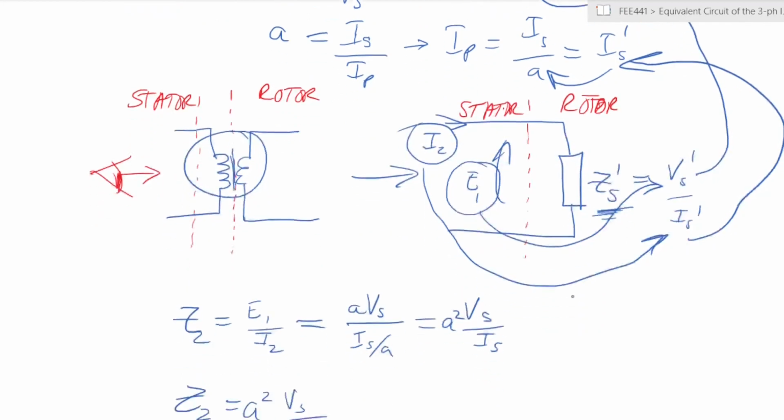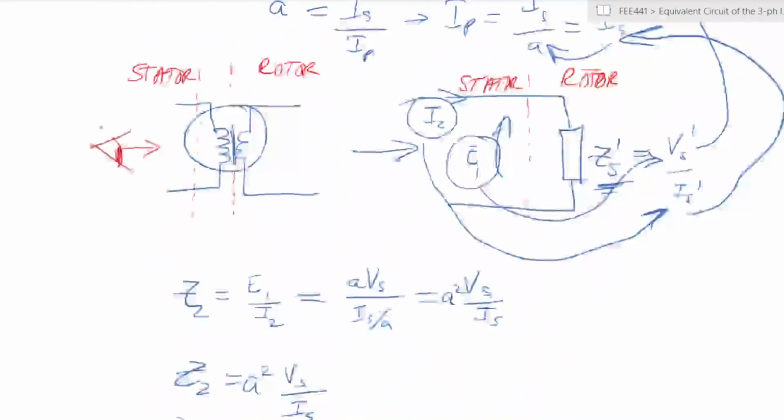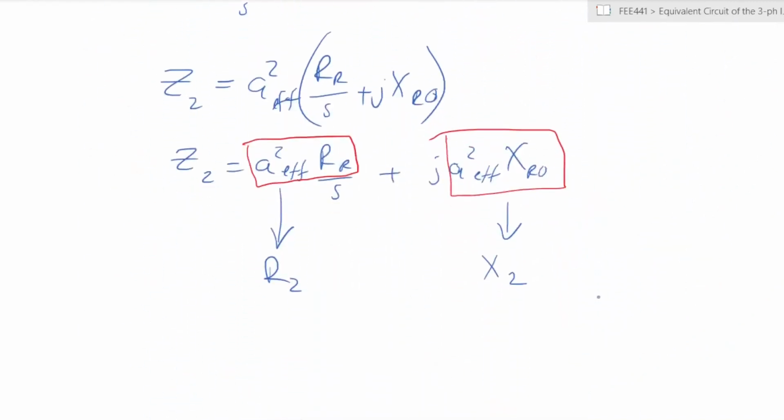You can now have a single impedance that you would look at from the point of view of the stator being supplied with I2 and E1, and your ZS, which is equal to Z2, would be represented by these two elements, a resistance and a reactance, which will be able to represent the two.